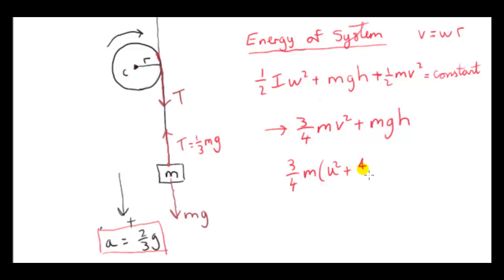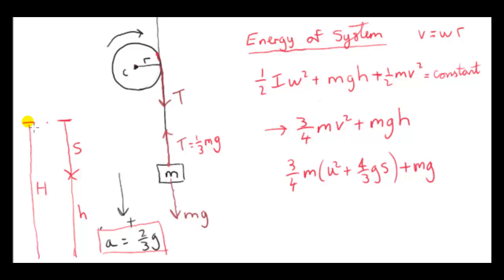So 2 times 2/3 is 4/3 g, and s is the distance travelled. That's just the formula, u squared plus 2as. Now we want to relate the height of the particle above some reference level to the distance travelled s by the particle.